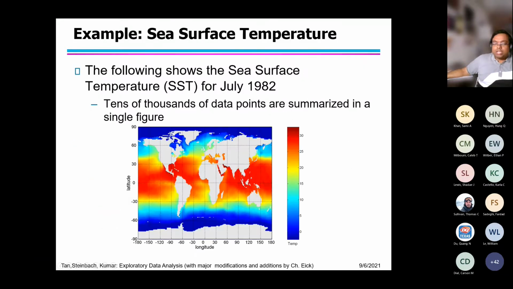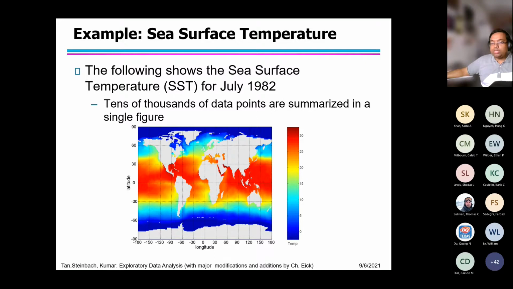Here's a great example. This is a very common example for all kinds of visualization purposes. There are thousands upon thousands of data points within the sea surface temperature data set. You can do all kinds of statistical analysis on this, but if you want to know what the data is telling you, you visualize it as you see here, and you can easily tell what the temperate regions of the Earth are and where the Arctic regions are.